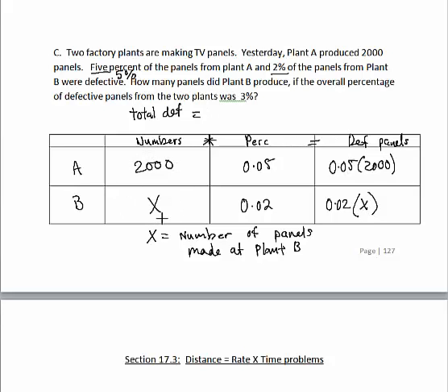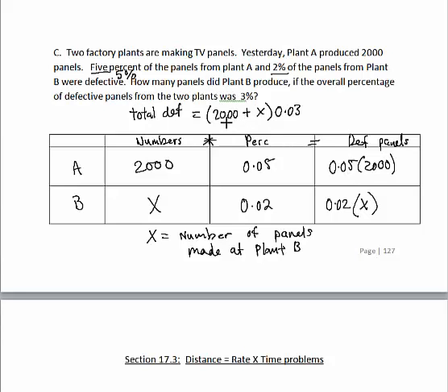total number of panels produced, 2,000 plus X, times the percent total, which this is the only other number that wasn't used, 3%, equals the total defective. So the key to this problem is that there's two different ways to calculate the same thing.